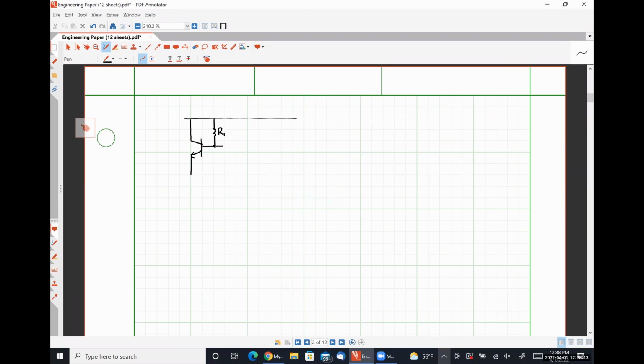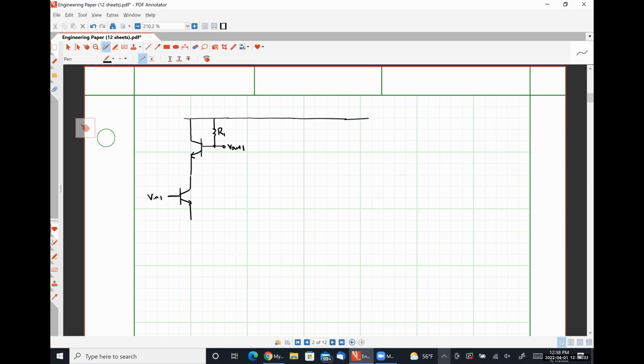This is R1. Here's the out one. Here's the in one.